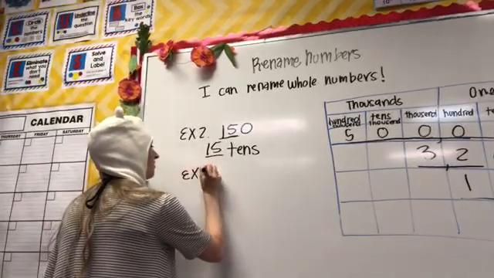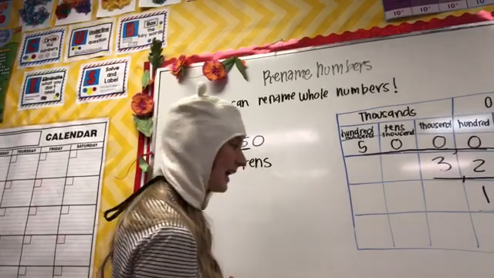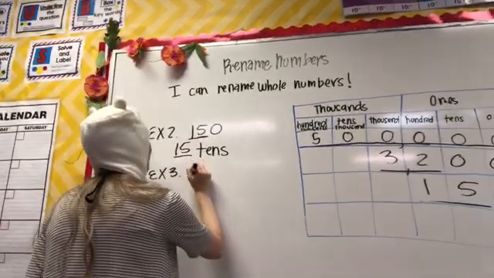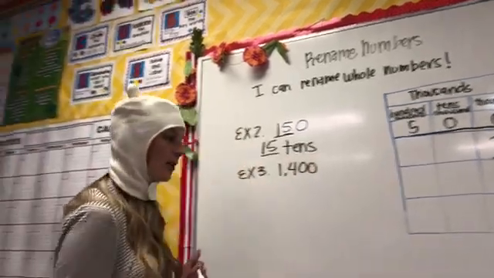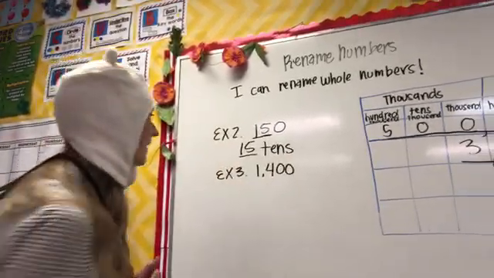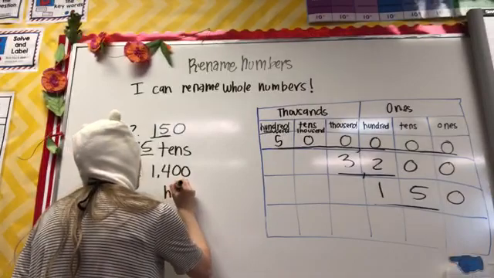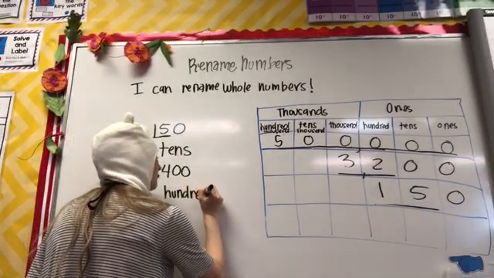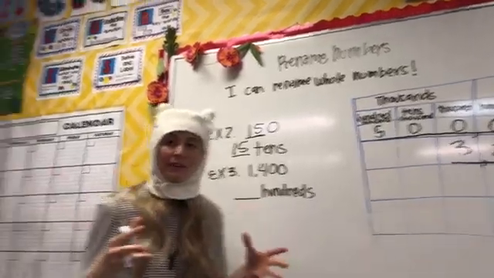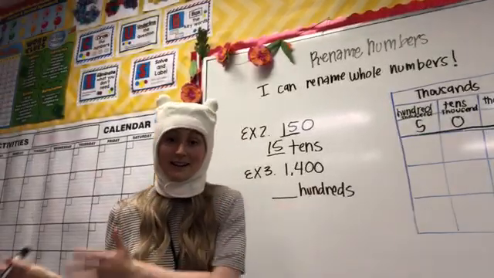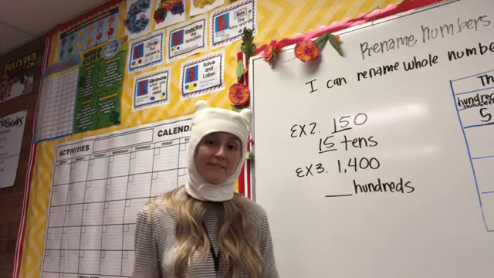Example number 3. If we had the number 1,400, and I wanted to know how many hundreds. How many hundreds are there in 1,400? So if I took my 1,400 and separated it into hundreds, how many would I have of them?